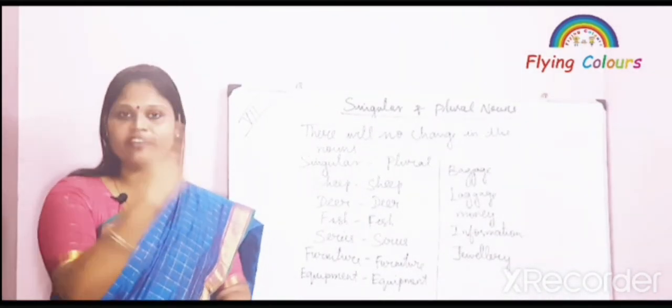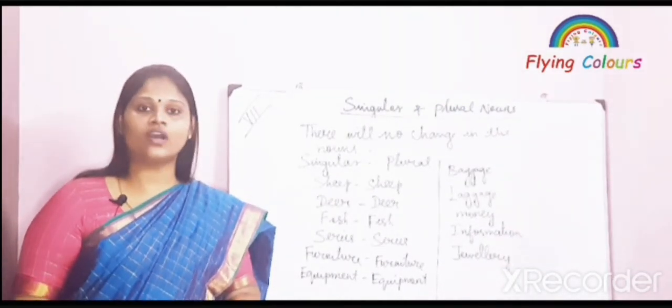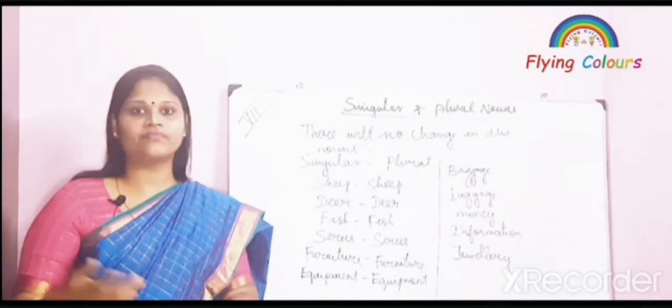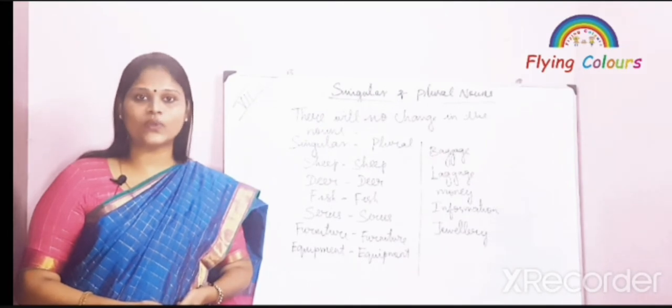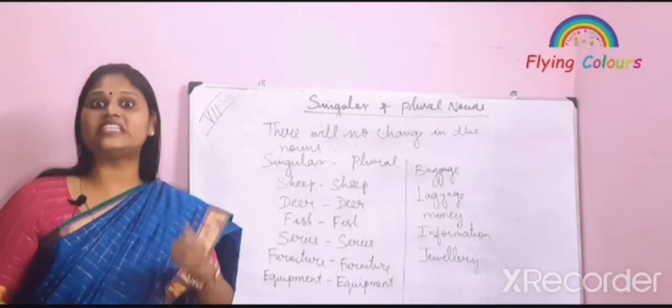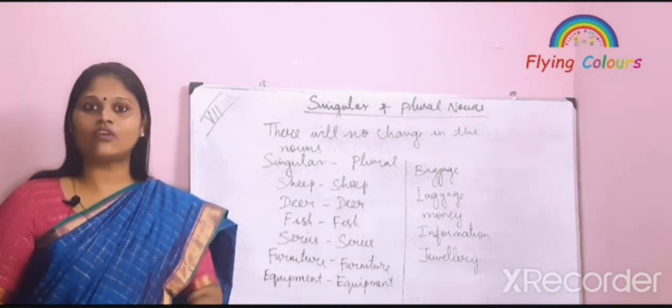Jewelry shop. If you say jewelry shop, you can't say jewelries. Prince jewelry, Lalita jewelry, GRT jewelry. I have got new jewelry for you. You can't say jewelries. I have got some jewelry for you.